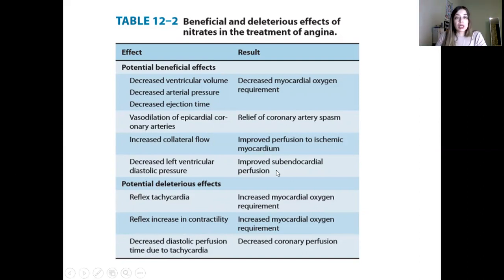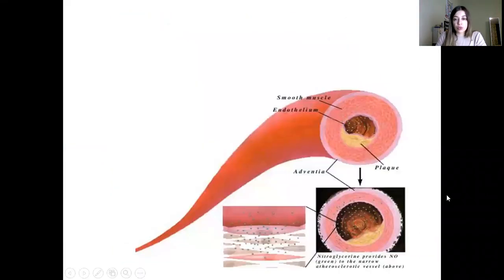Okay, let's go further. So what happens here in our coronary artery? Very often, we have the atherosclerotic plaque in the artery. And because of that, the lumen of the vessel is less. It's reduced, yes, okay.